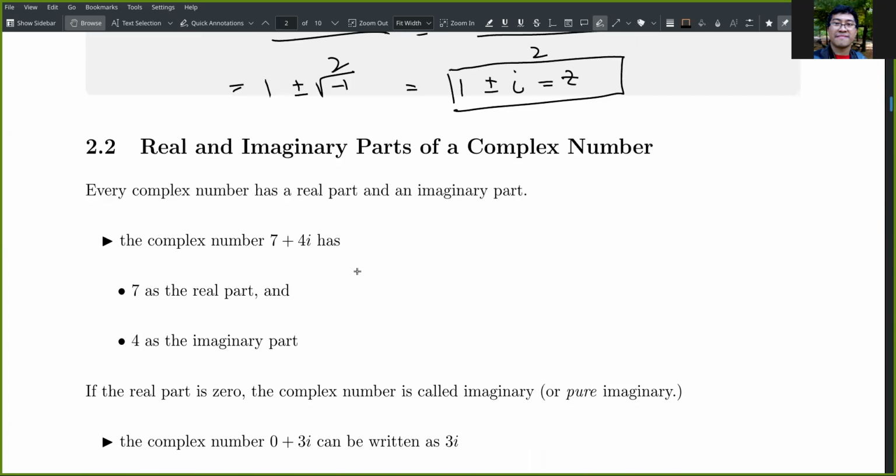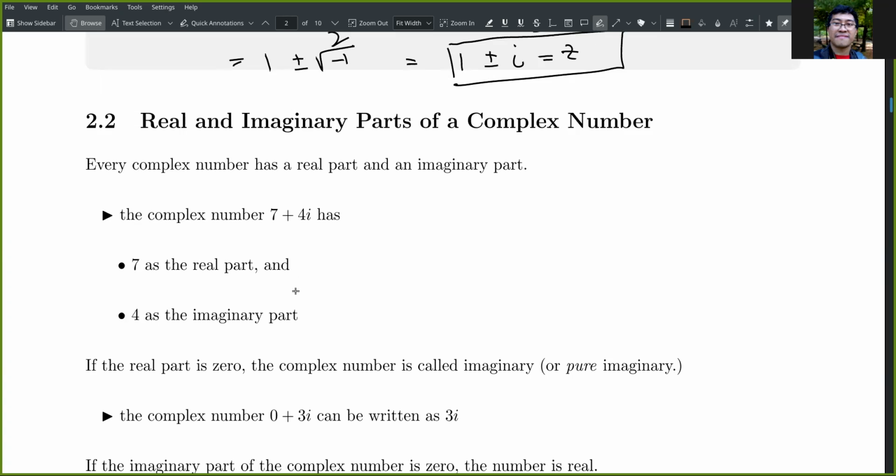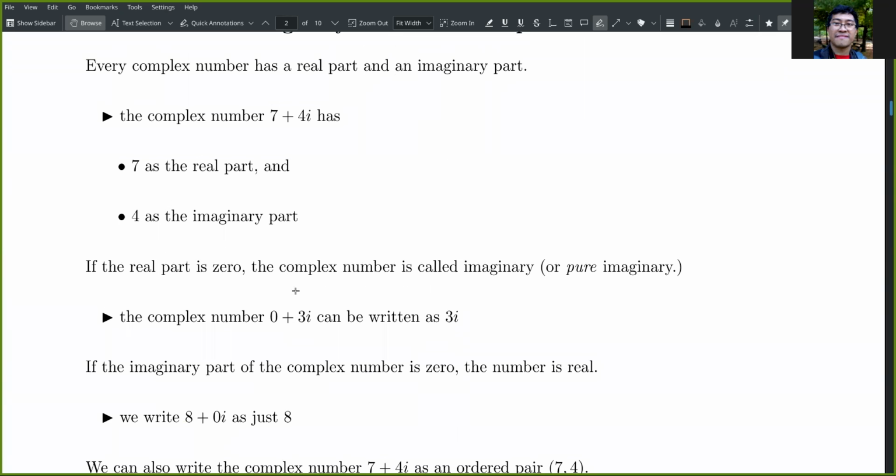In a complex number, there are real and imaginary parts. For example, if you have the complex number 7 plus 4i, 7 is the real part, 4 is the imaginary part. Take note that we label 4 as the imaginary part, not 4i. Now, if the real part is 0, the complex number is called imaginary or pure imaginary.